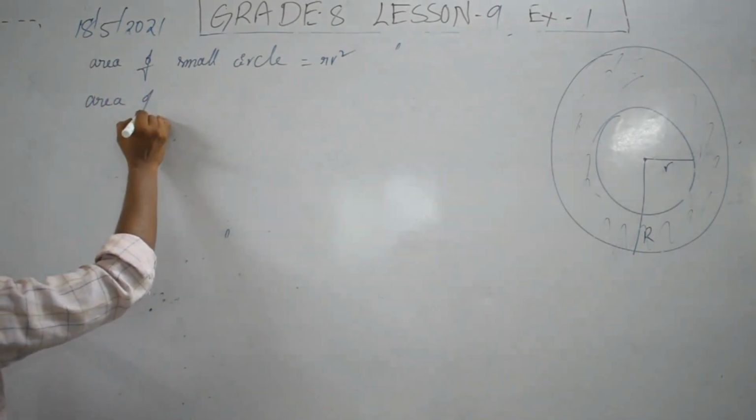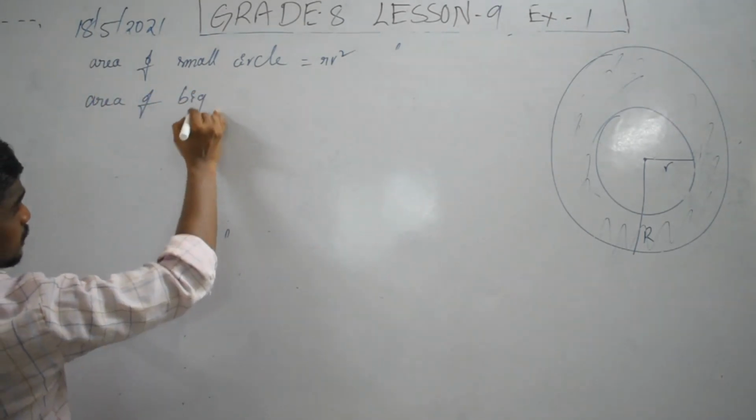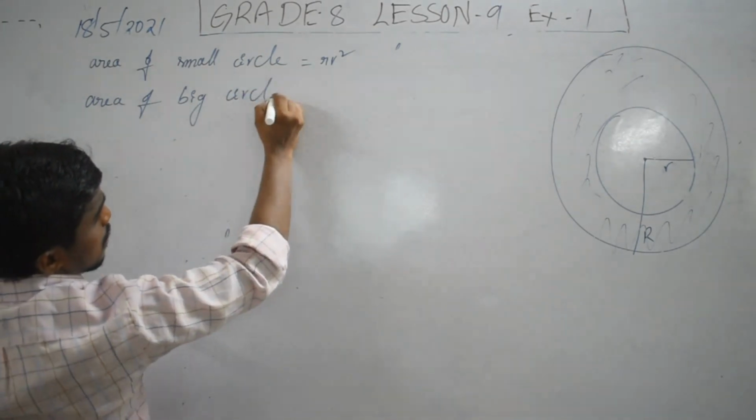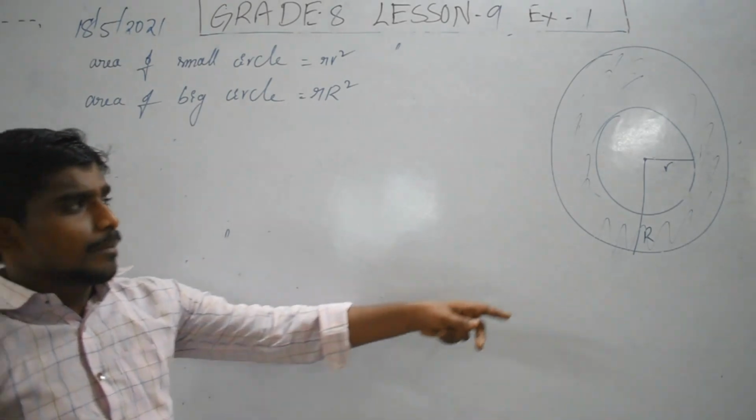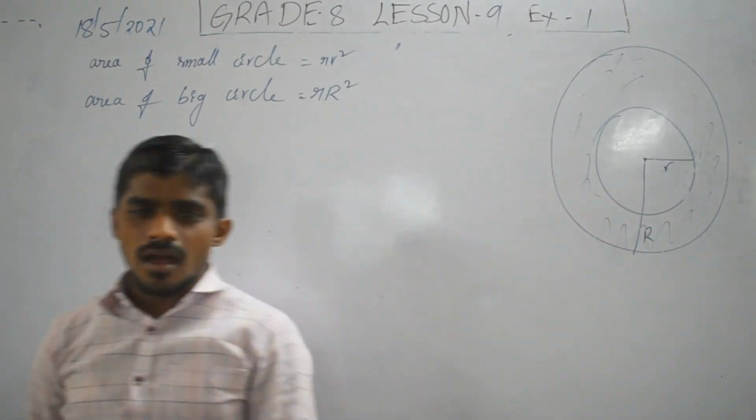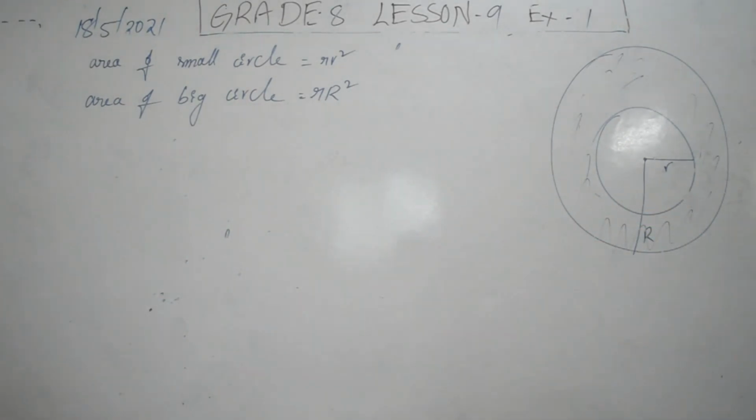Area of the big circle is pi capital R square. Why here? Both we are taking small r, we are confusing, so that's why I am taking big R for the difference.